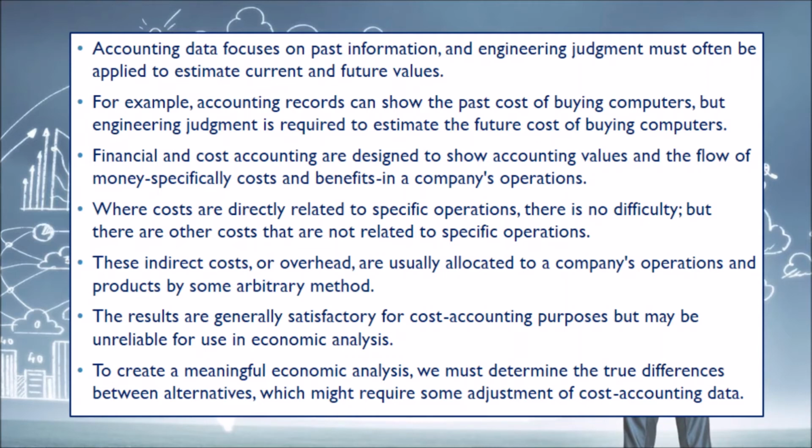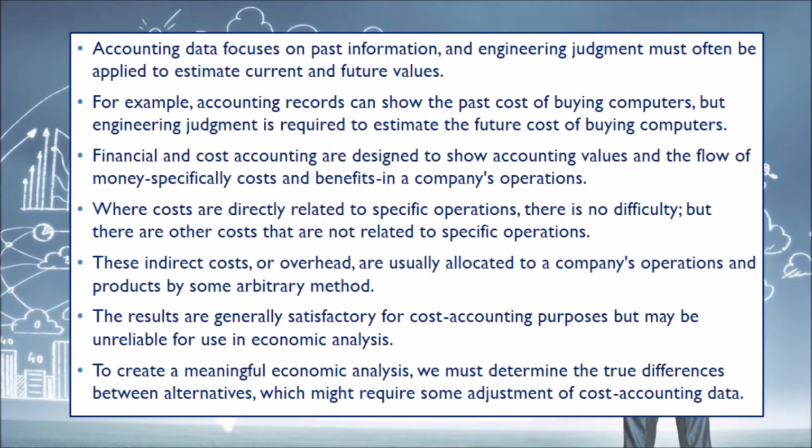Financial and cost accounting are designed to show accounting values and the flow of money, specifically costs and benefits, in a company's operations. Where costs are directly related to specific operations, there is no difficulty, but there are other costs that are not related to specific operations. These indirect costs or overhead are usually allocated to a company's operations and products by some arbitrary method.